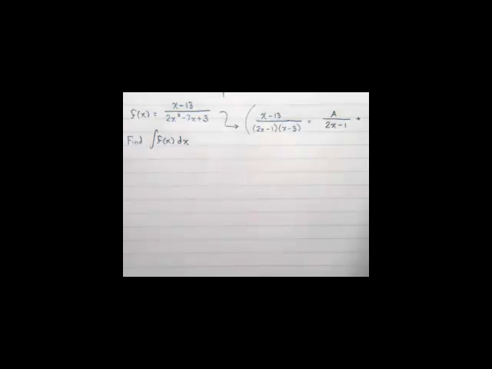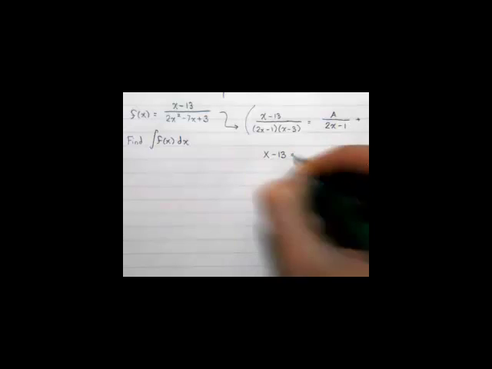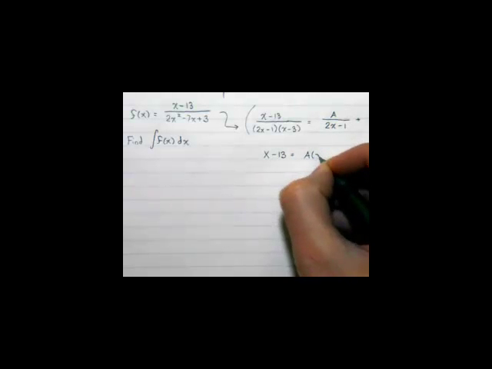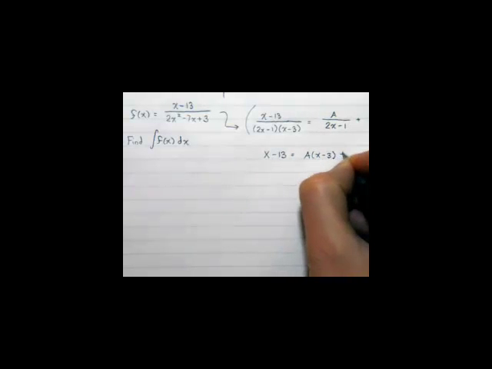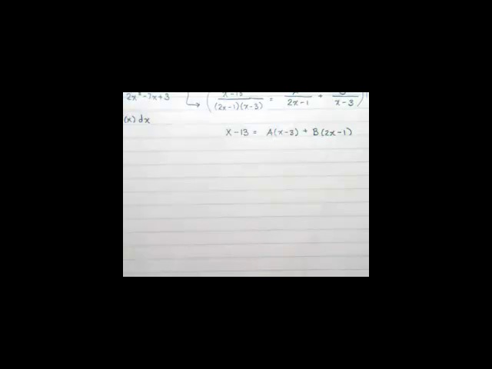So if I do that multiplication, now I've got x minus 13 equals a times x minus 3 plus b times 2x minus 1. Okay. Now what?